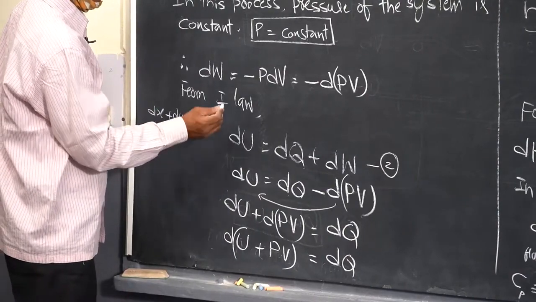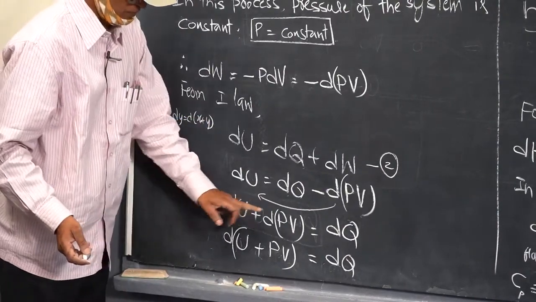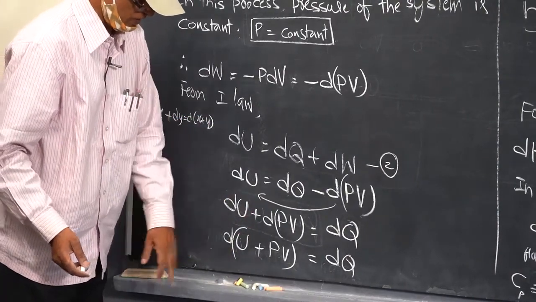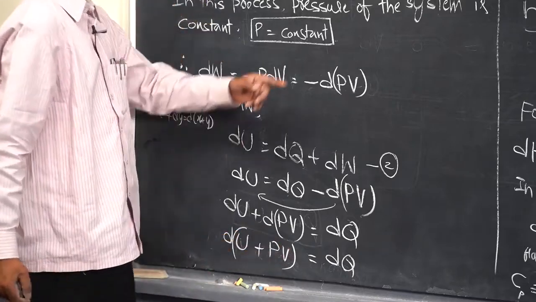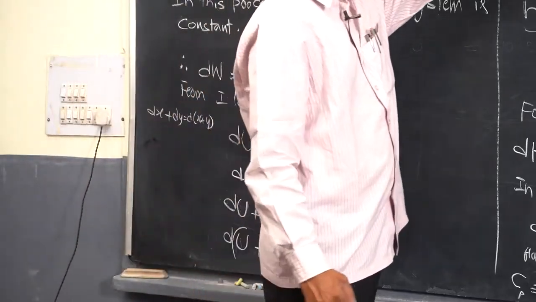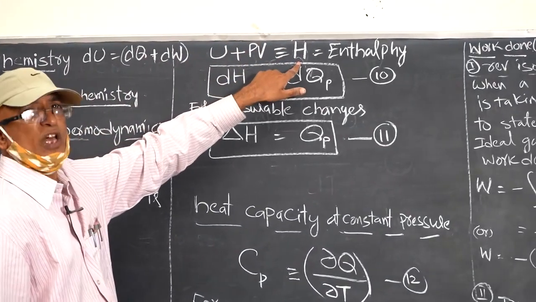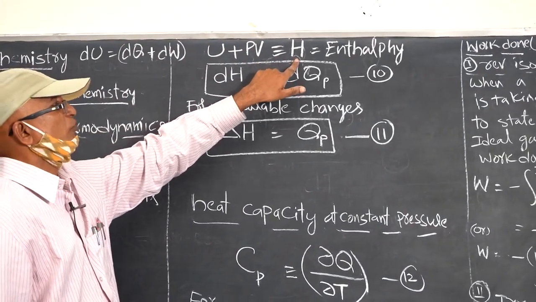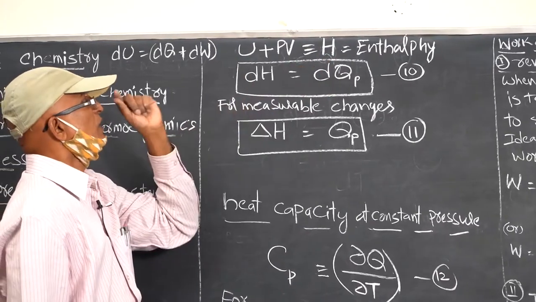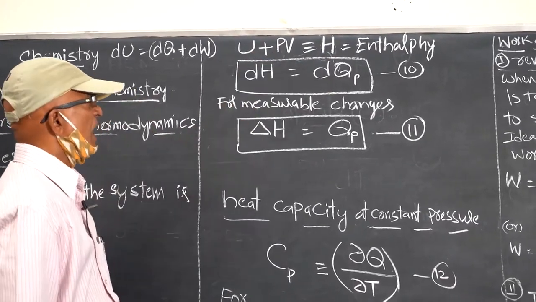This quantity in brackets is defined as a new thermodynamic property called enthalpy H. U plus PV is now defined as a new thermodynamic property called enthalpy of the system, H.